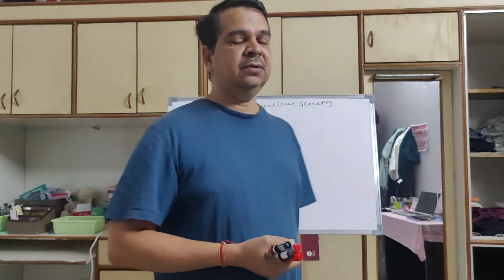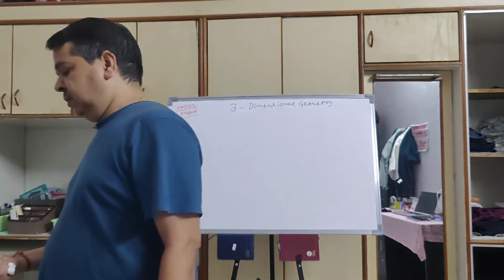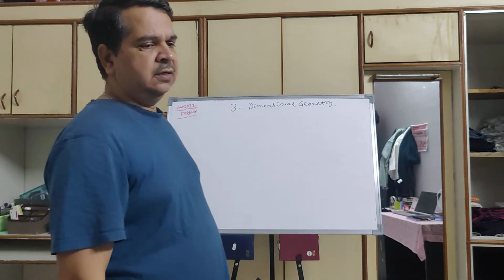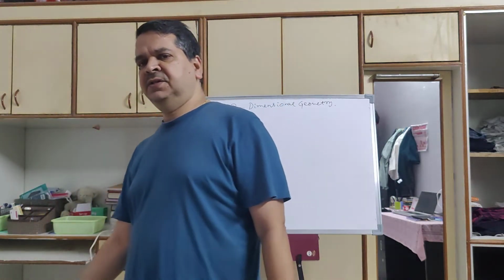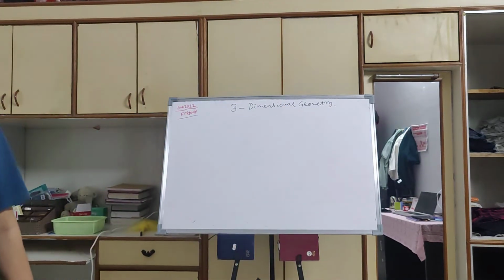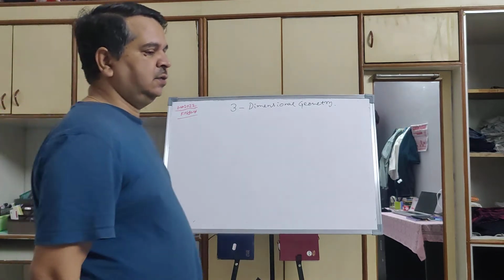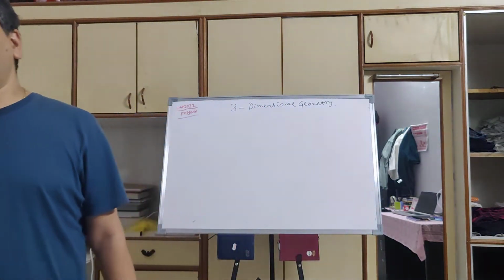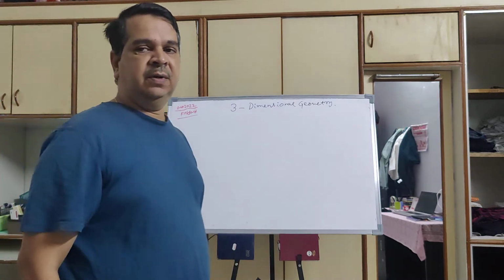Okay, so after completing the concept of vectors, vectors are basically the lines, lines having the direction. Then in vectors we have discussed addition of vectors, subtraction of vectors, multiplication of vectors.